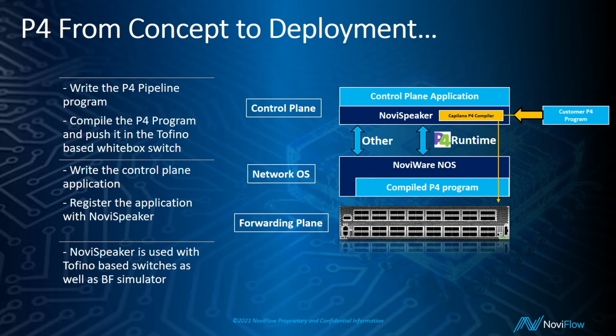Then NoviSpeaker compiles the P4 program and pushes it into the pipeline, into the Tofino. Then it connects to the applications on the northbound side, and then maintains these connections with the switch and the business application to control the network basically.